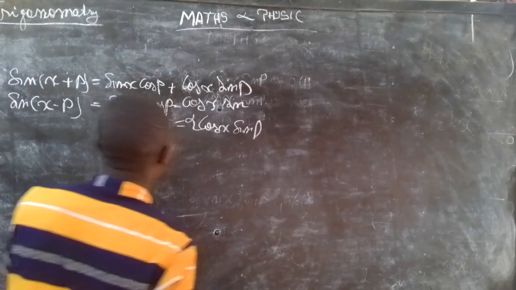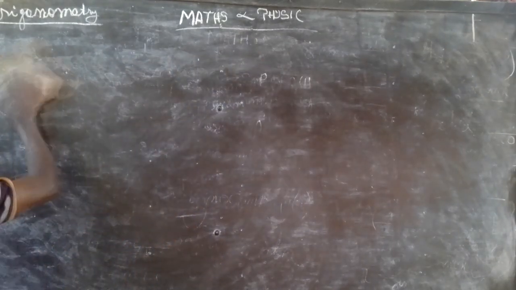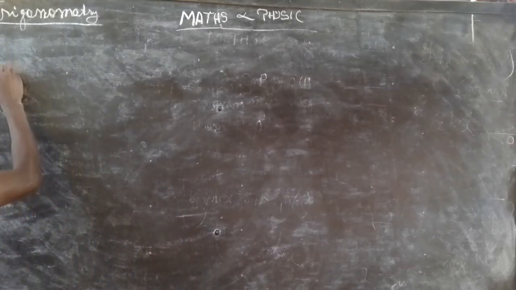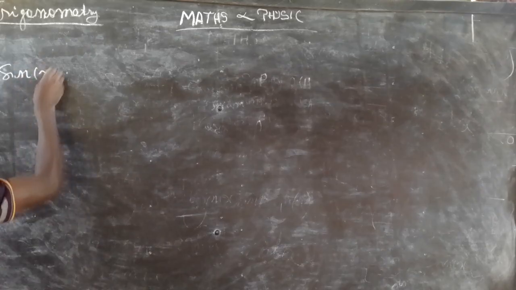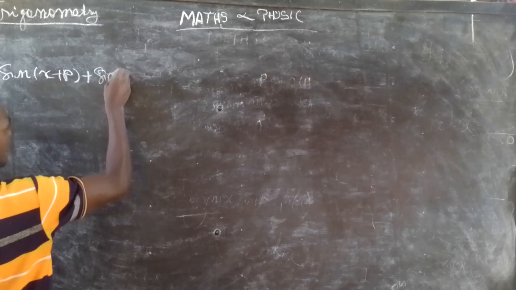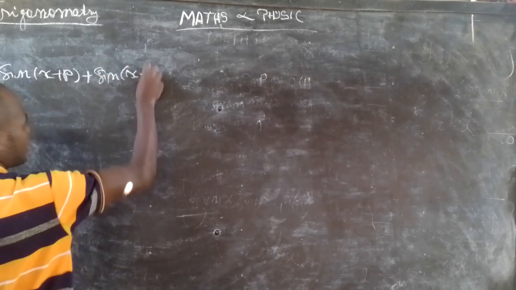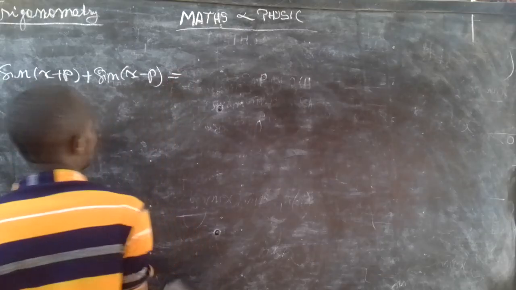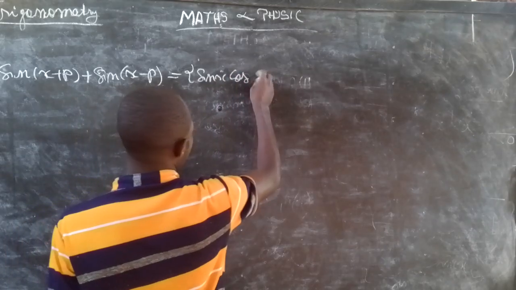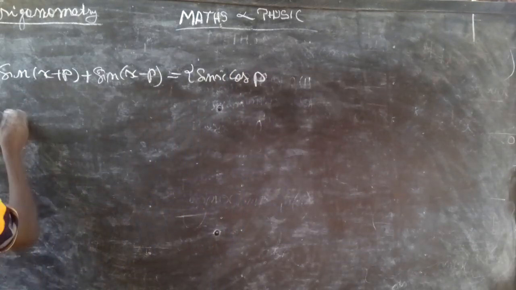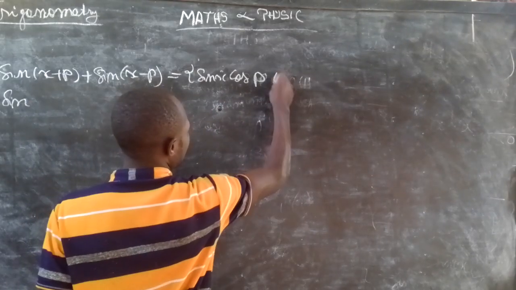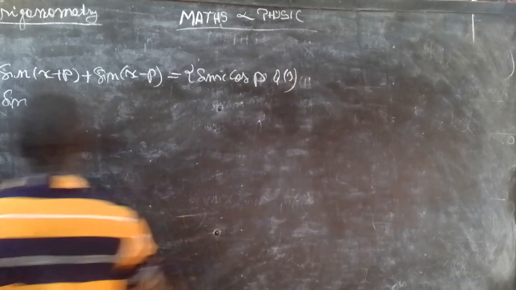So let's write in short, in a simple manner, to facilitate easy understanding. We have sine of x plus p plus sine of x minus p, which will be equal to 2 sine x cosine p. This is equation 3.